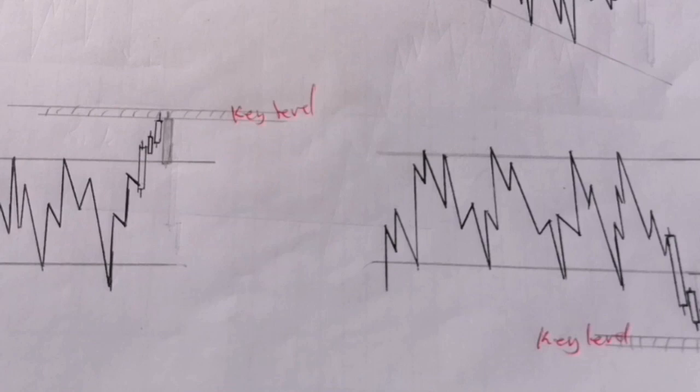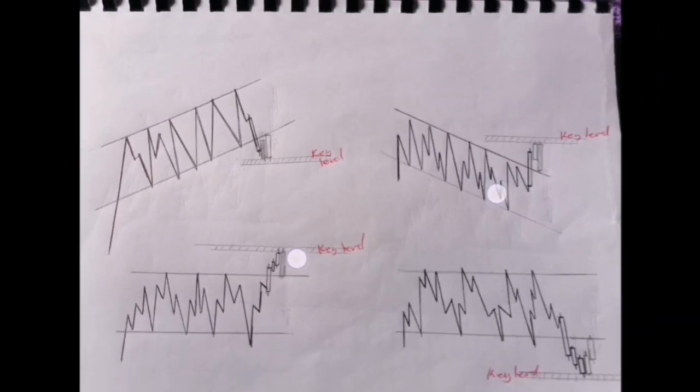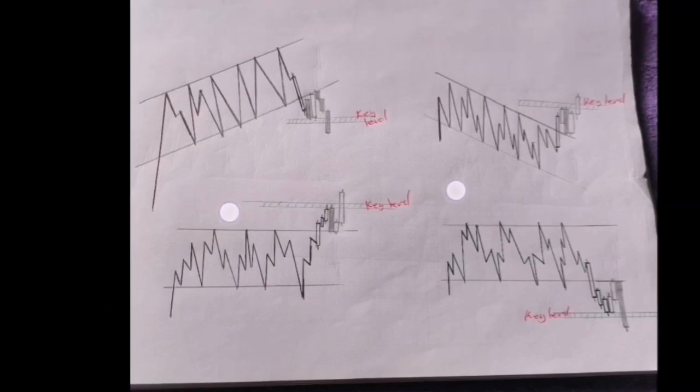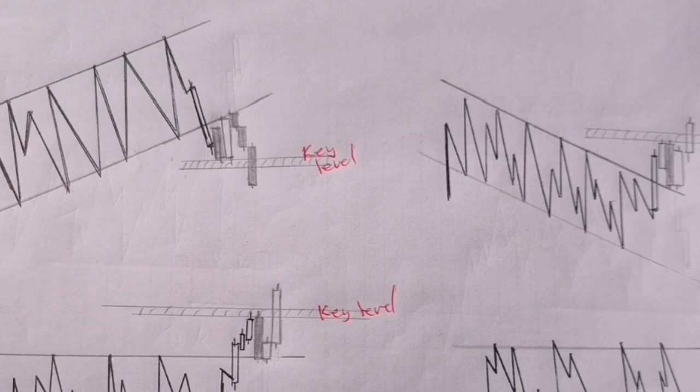And then after drawing these key levels, you wait again for price to play out. If it is a real breakout, the normal thing that should happen is that price will come back to break out of the key level which you have drawn.